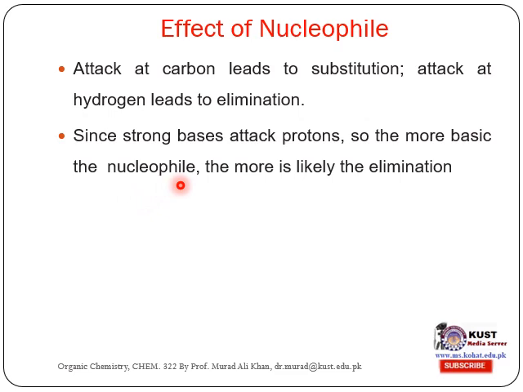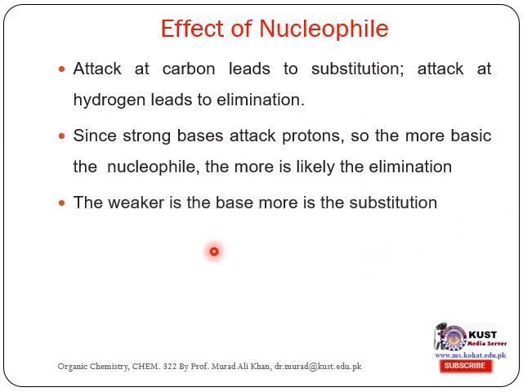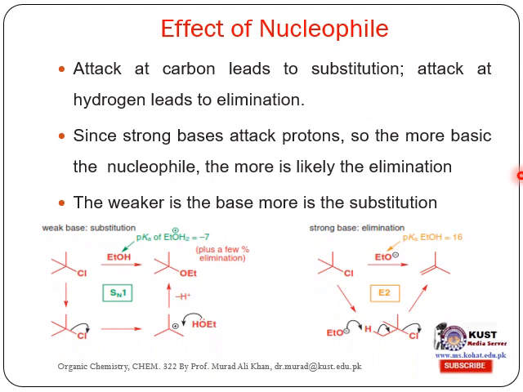The stronger the base or the stronger the nucleophile, the more will be the chances that elimination will occur. The weaker the base, the more will be the chances that it will lead to the substitution reaction. So the strength of the base decides which type of reaction is possible.